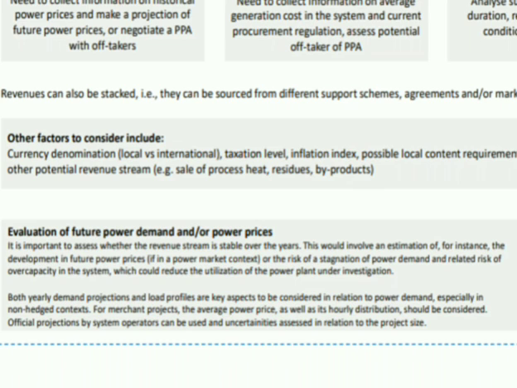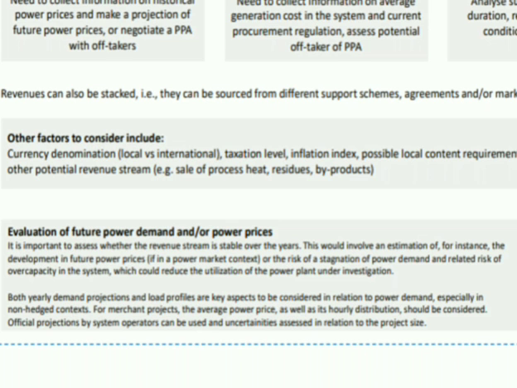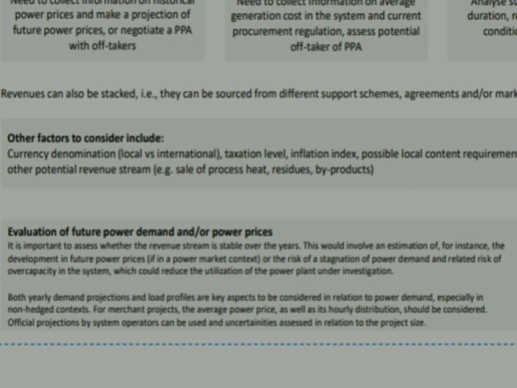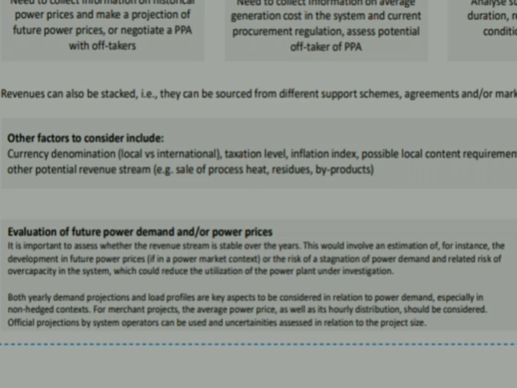We have to check the development of the future power prices that we have predicted above, and the related risk regarding those future power prices having overcapacities in the system, so that it will reduce the utilization of the power plants under investigation.